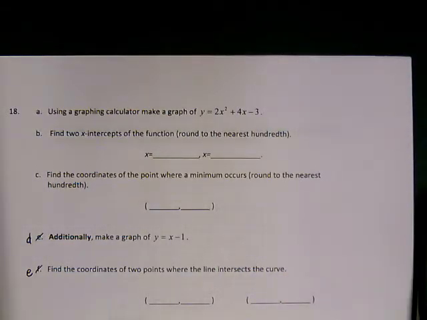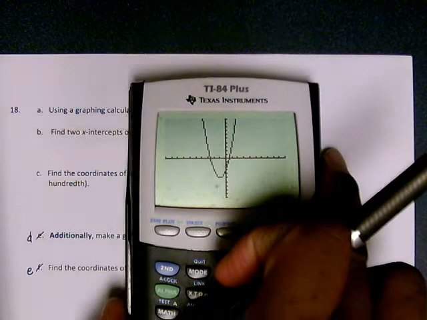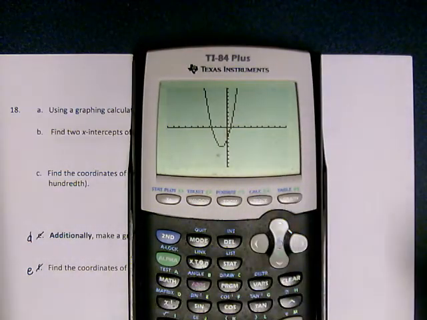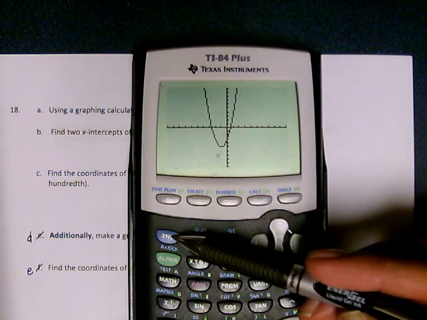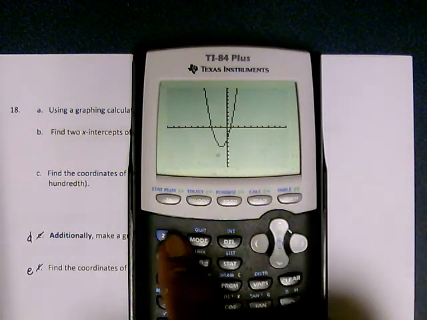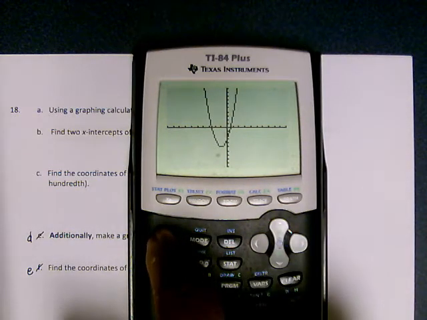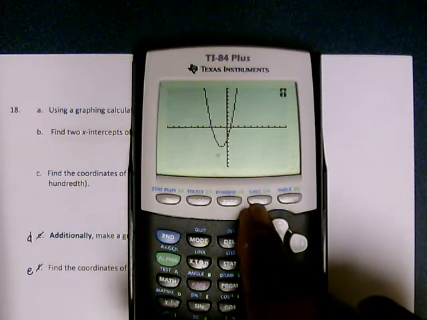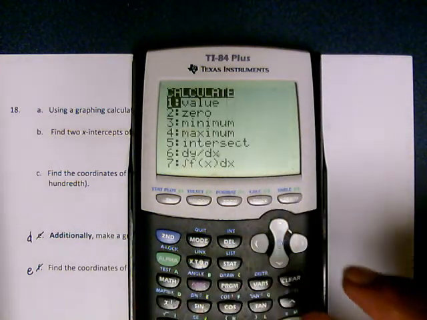Part B is to find the two x-intercepts of the function, and you're going to round to the nearest hundredth, or to 2 decimal places. Okay, so here's what we're going to do. We're going to press the second key, which is the blue key or the yellow key, depending upon which calculator you have. So it'll be second, and then this button that says trace.